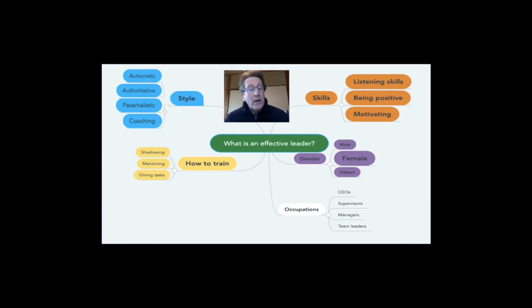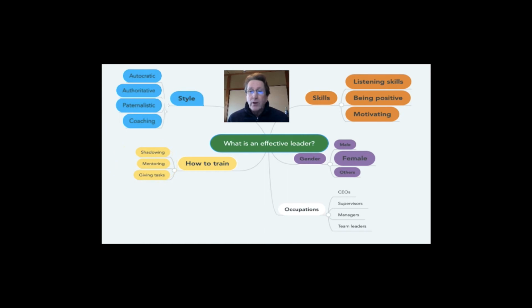And so we carry on trying to add more and more ideas to our mind map. For example, we might want to know how to train for leadership. So we jot down some ideas such as shadowing, following somebody, having a mentor, somebody who's a bit older or has been a leader for longer, giving tasks to encourage leadership.